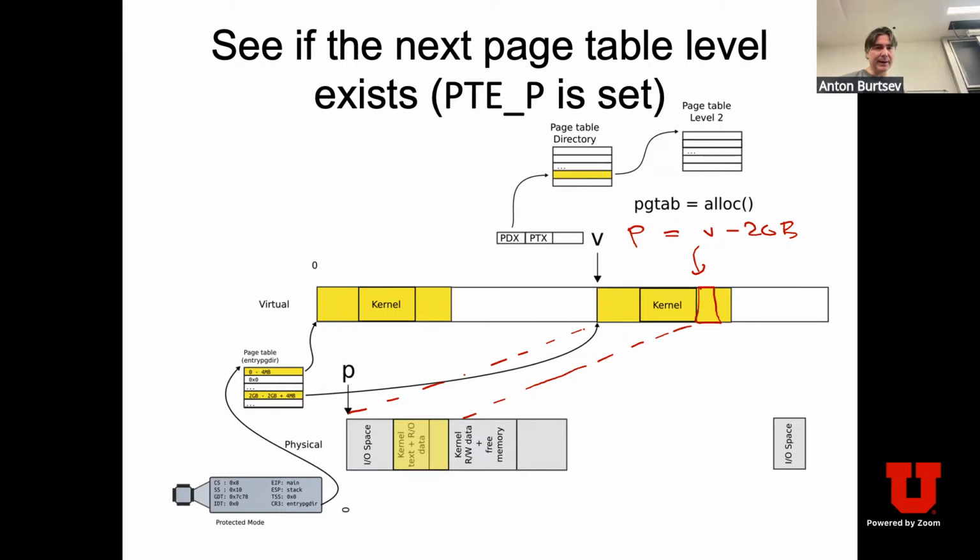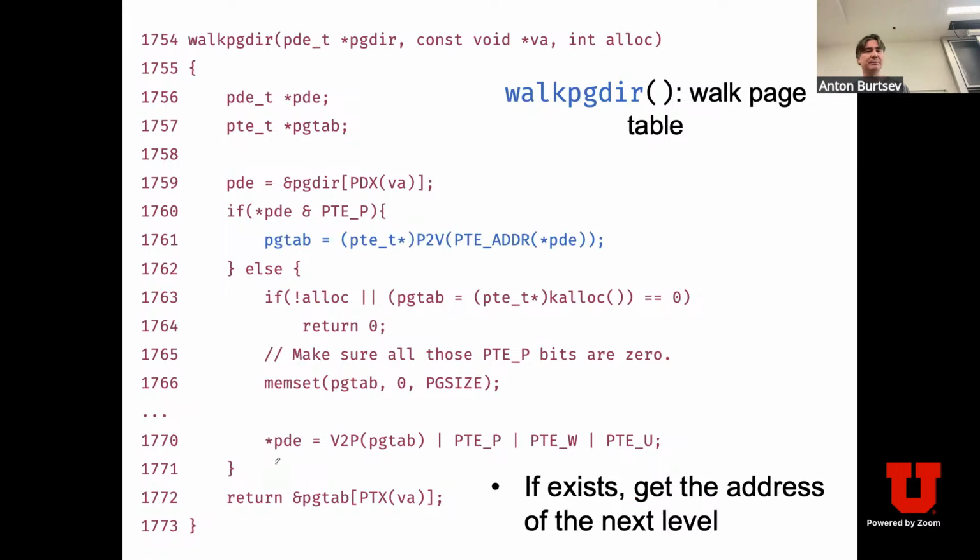So at this point, we say, well, either we immediately had this page, or we had the second level. So essentially, the goal of this function is to figure out the address of this, right?